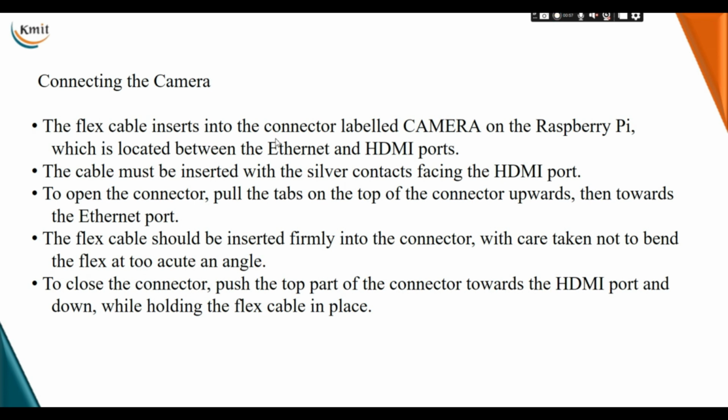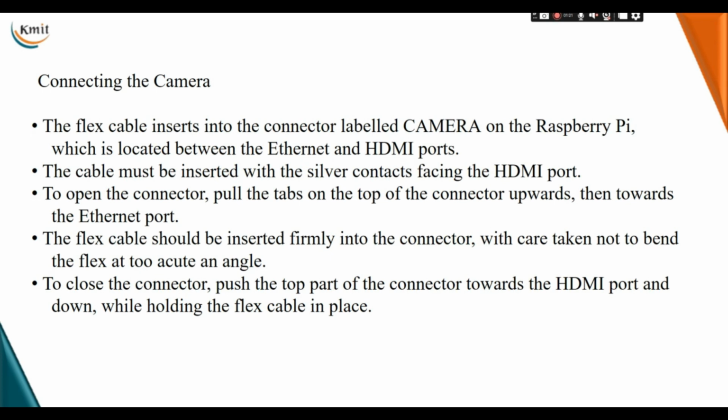The flex cable is inserted into the connector labeled camera on the Raspberry Pi, which is located between the Ethernet and HDMI ports. The cable must be inserted with the silver contacts facing the HDMI port. To open the connector, pull the tabs on the top of the connector upwards and then towards the Ethernet port.